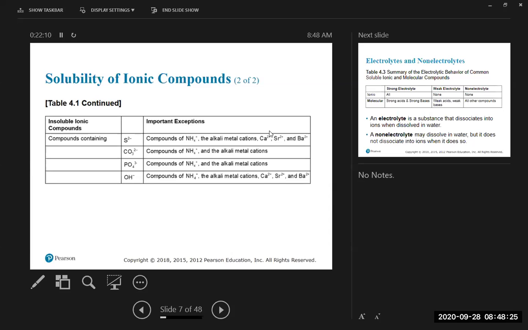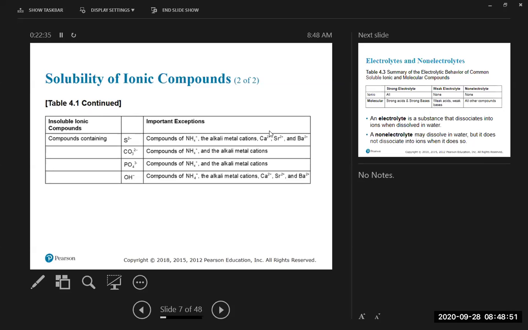And the way I always remember that is, if it's potassium and sodium, think about it from a dietary perspective. People talk about potassium and sodium a lot, right? Well, that's because it's really soluble when those are involved, usually. Because if it was in your body and precipitating out, you'd have a problem.